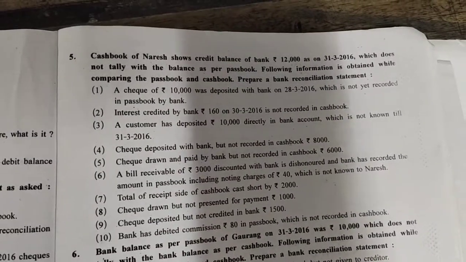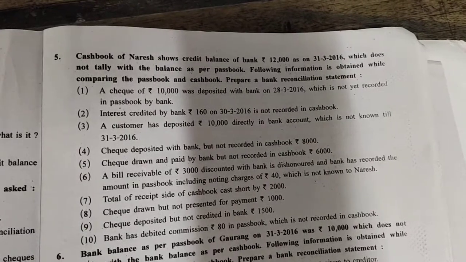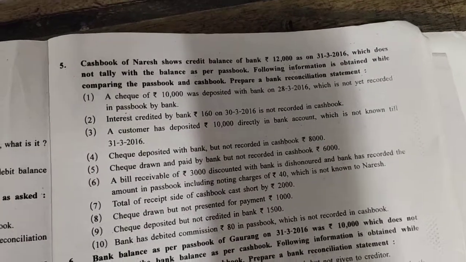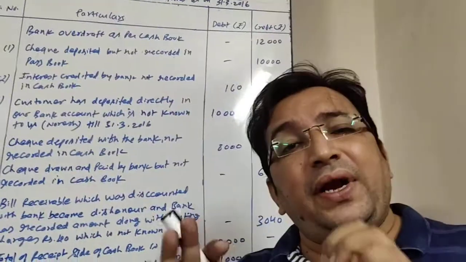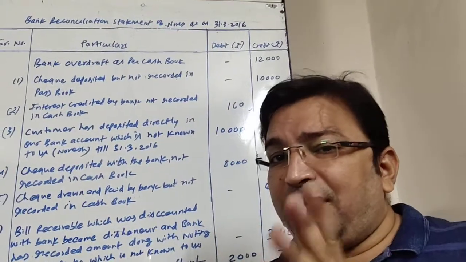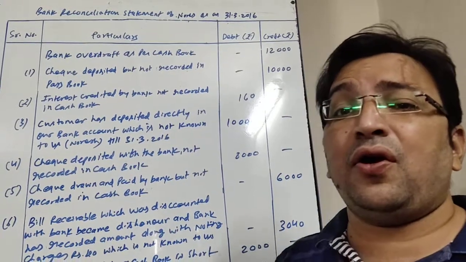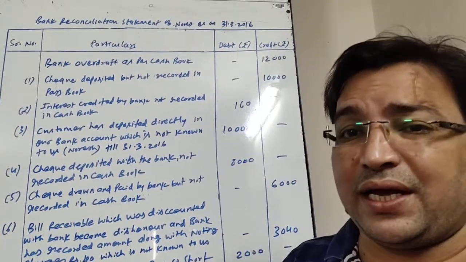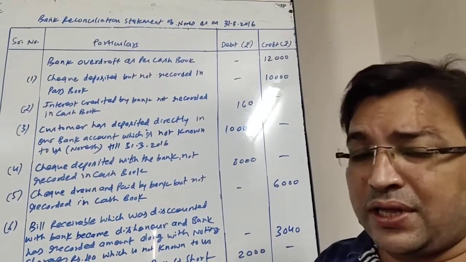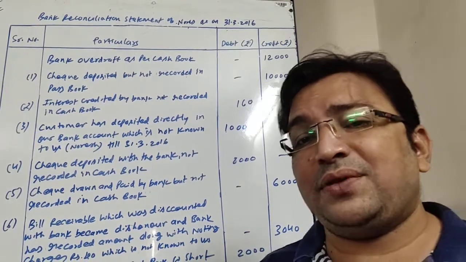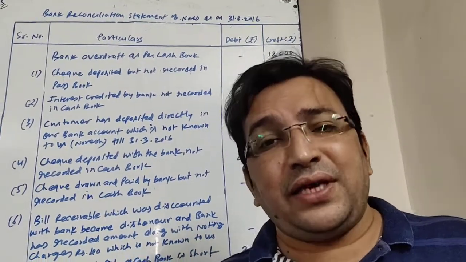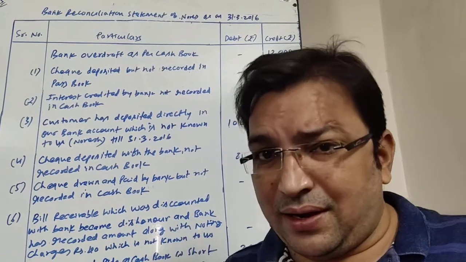Fourth one, check deposited with bank but not recorded in cash book rupees 8,000. Friends, this is another different kind of mistake. Check deposited in bank but not recorded in cash book. Now here no other information is given, that means we will assume the same check has been credited by bank.